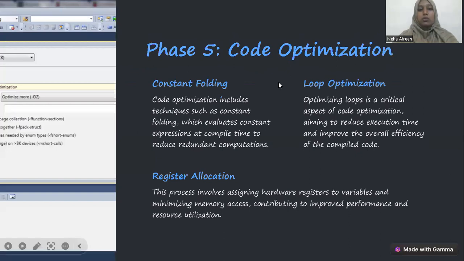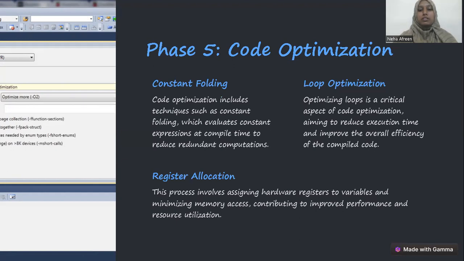The fifth phase of RAT compiler design is code optimization. It is subdivided into three: constant folding, loop optimization, register allocation. In that, first is constant folding. Code optimization includes techniques such as constant folding, which evaluates constant expressions at compile time to reduce redundant computations.